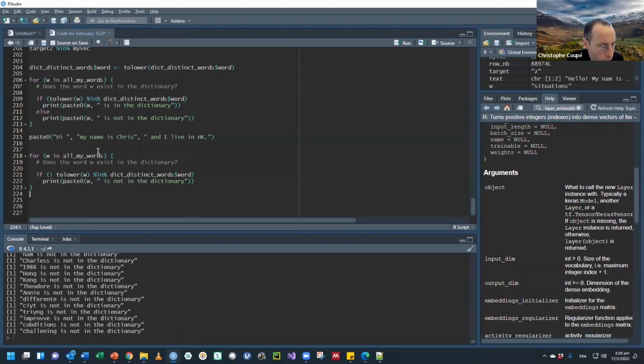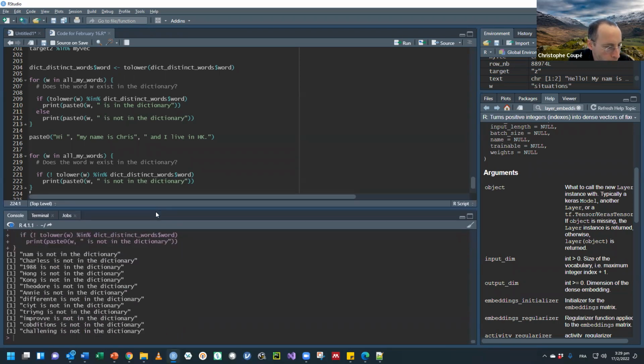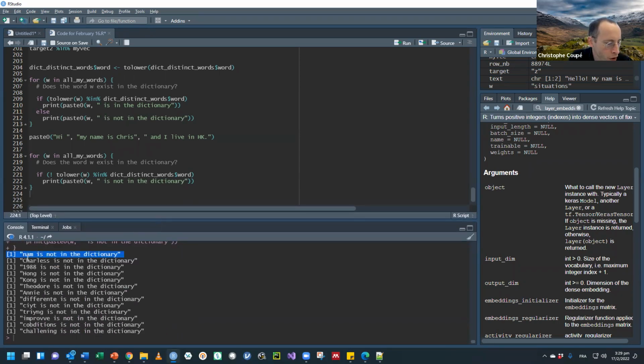So if I execute this, what do I see? Nam is not in the dictionary, Charles with 2 S is not, the date is not, Hong Kong not, the two names is not, different with an E, city with the inversion, trying with the inversion, improve with the reduplication, competitions, and challenging. Do you agree with me that we have actually detected all the lexical errors?